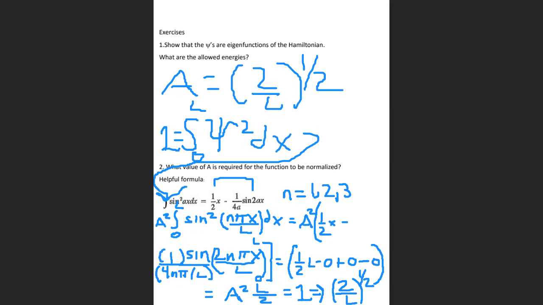So you just have 2n pi. If n is 1, it's the sine of 2 pi, which is 0. If n is 2, it's the sine of 4 pi, which is 0. If n is 3, it's the sine of 6 pi, which is 0, and so on. Does that answer the question? Yes, thank you. Okay. Anything else?